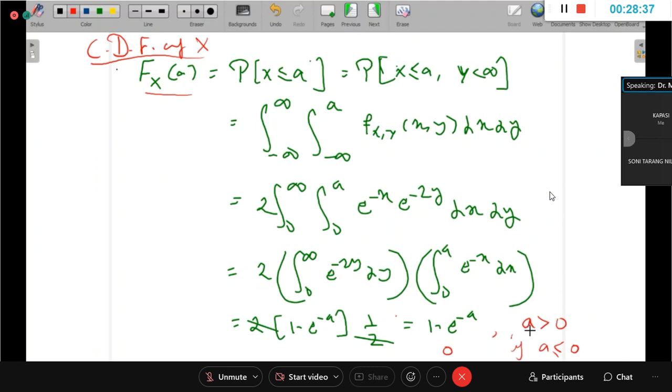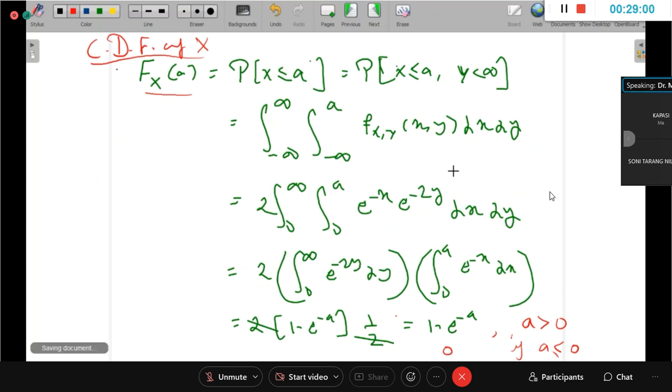And you can see when a goes to 0 plus, again it's going to be 0. This function is continuous at a equal to 0 as well. We can discuss the nature of this function. Now we are done with the jointly continuous random variables.